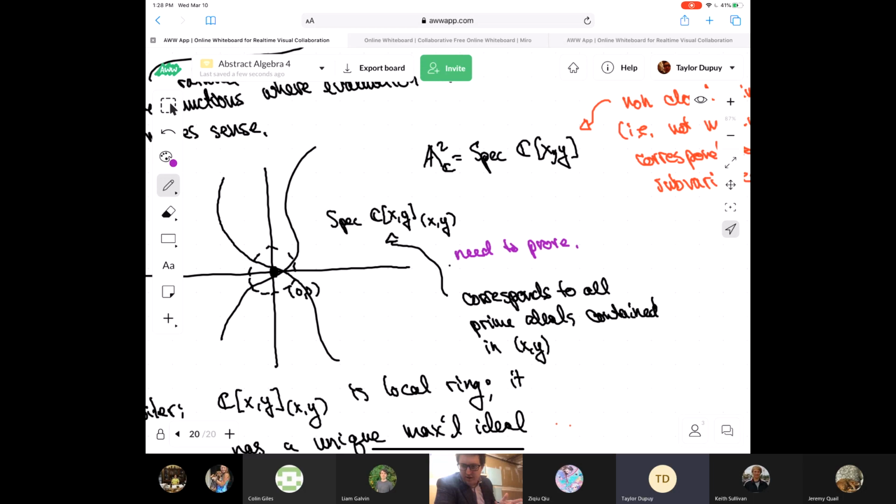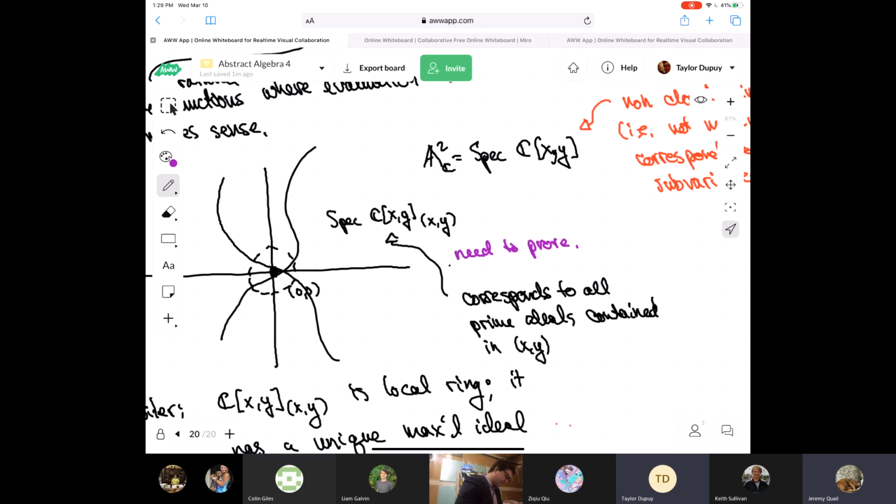We're using vanishing of ideals, things like that. So this is like a replacement for metrics. The idea is to transfer our intuition from metric spaces to ring theory. Okay, I'll think about it a little more.